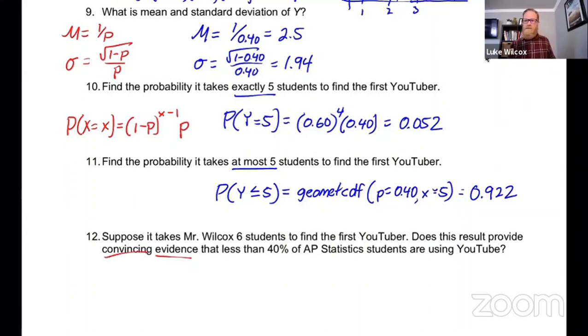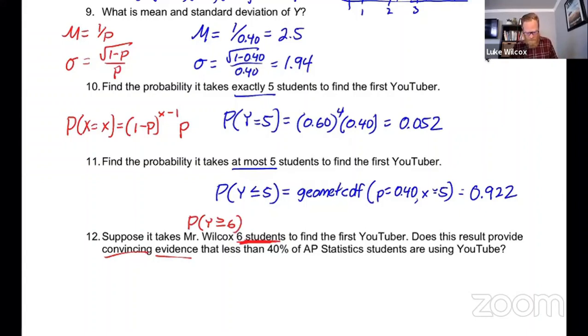So we see this language of convincing evidence, which I hope makes you think inference and significance test, and maybe even p-value. So we need to know, how likely is it that this would happen or more extreme, assuming that the claim is true? Well, let's just pause right here. That value or more extreme, we are looking for the probability that it would take 6 or more students to find YouTube.